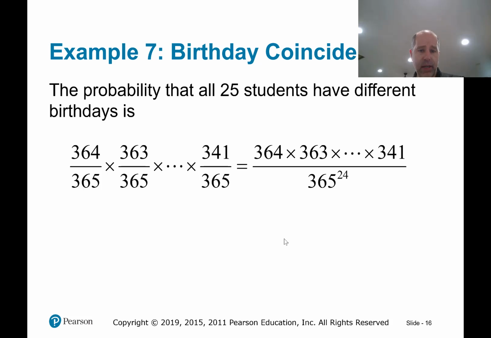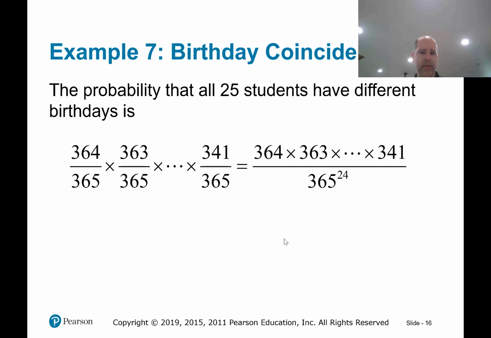Then, in order for everybody to have a different birthday, the first student is going to be born on one of the 365 days. Once the day is chosen for that one, then the next student will only have 364 days to choose from as a birthday.